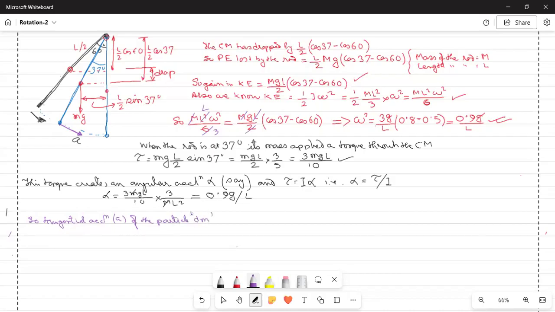Once again, I remind you, the way the question has been set, dm is not really a new particle. It's a hypothetically considered infinitely small particle at the tip.